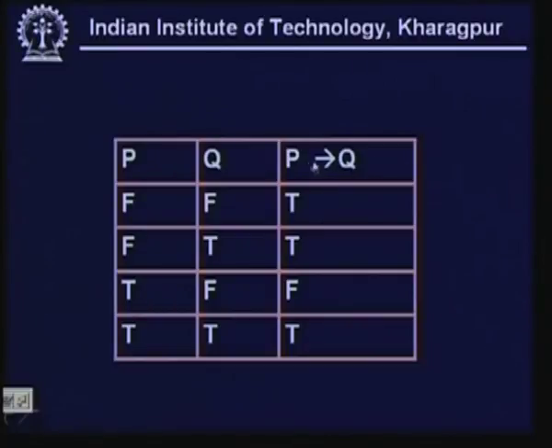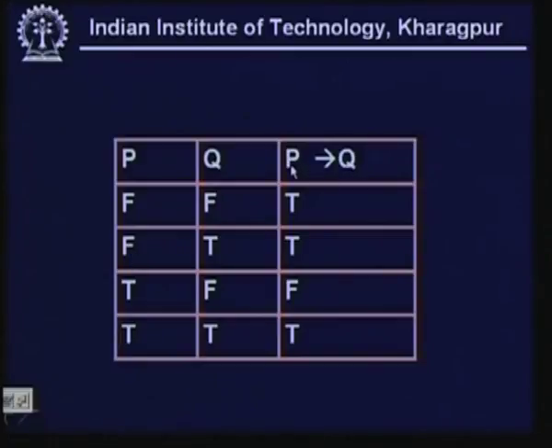All right. And if P is false and still Q is true, then also this statement P implies Q is not violated. So, the truth table will be: both of them are false, then obviously this is true, because it is telling the truth that if it is false, it may be false. This entire thing is true.